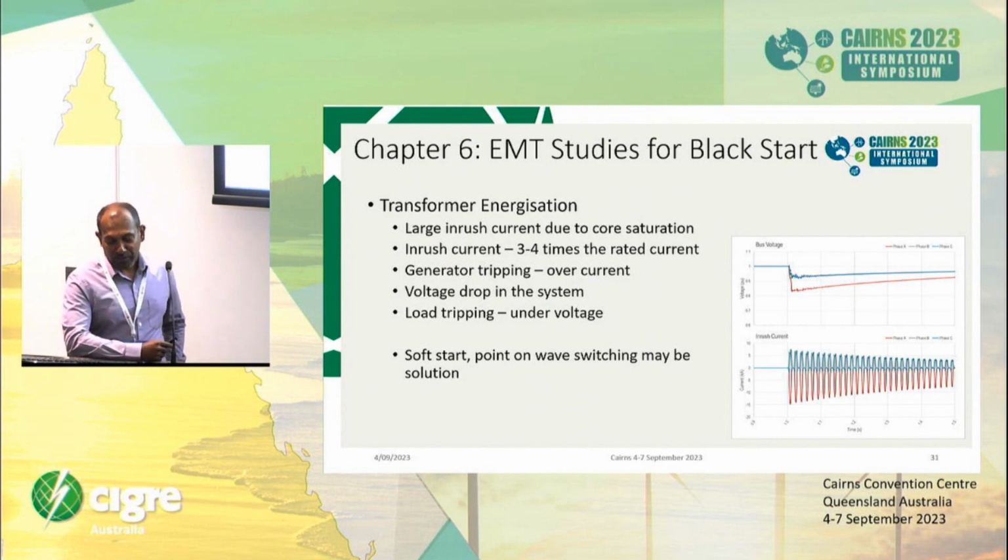Let's go through a few of the examples. When it comes to transformer energizing, depending on the size of the transformer, the inrush current can be heavy, 3-4 times the rated current.